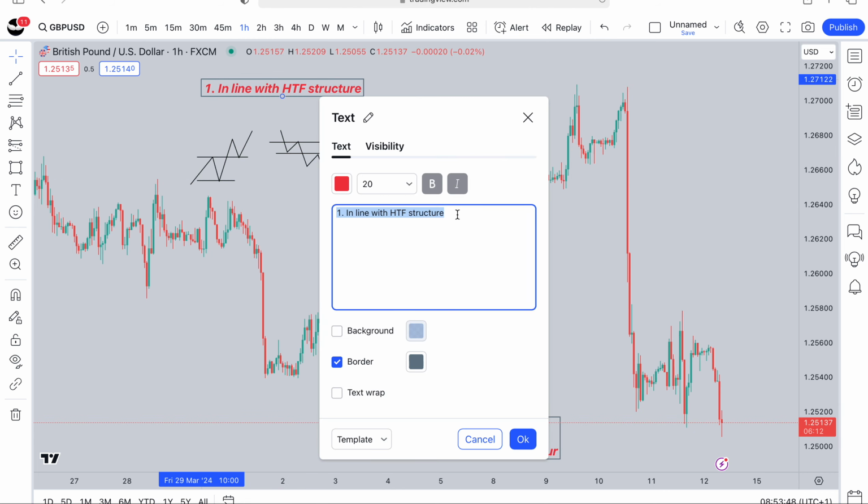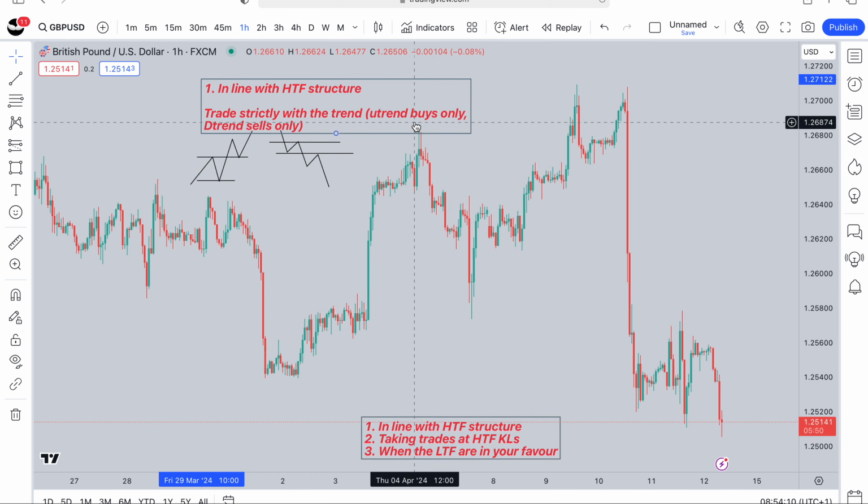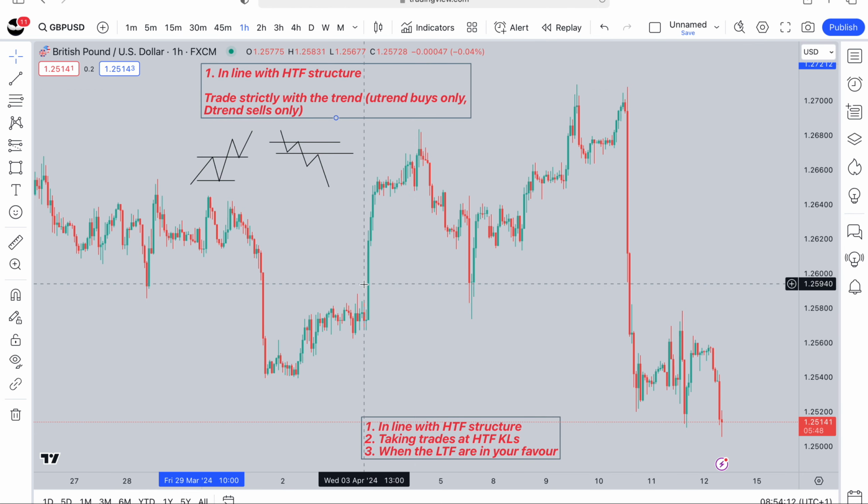So put this here. Trade strictly with the trend. If we've got an uptrend, buys only. Downtrend, sells only.